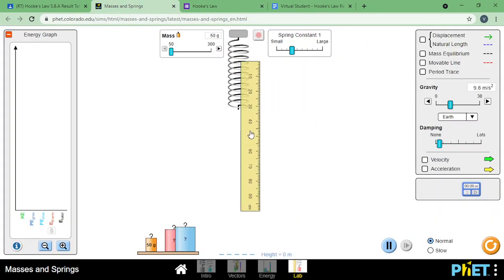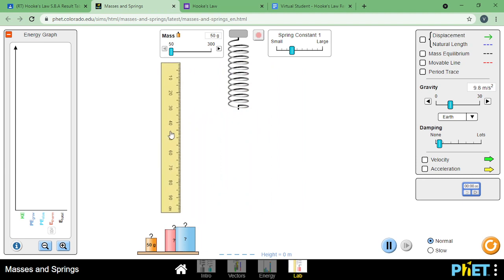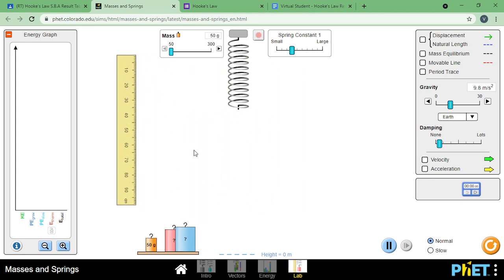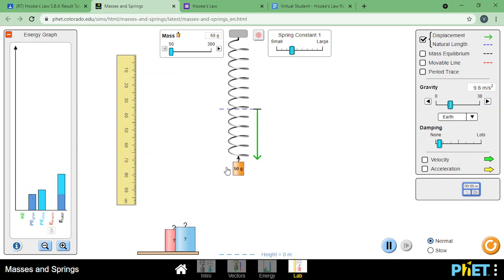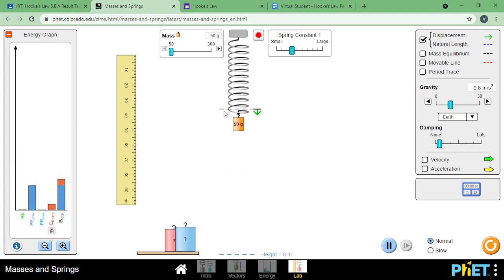Now what you want to do, you want to set up, so for the same, you want to know how to identify the original length. So no matter how much I move this up or down, there's an original length right there.